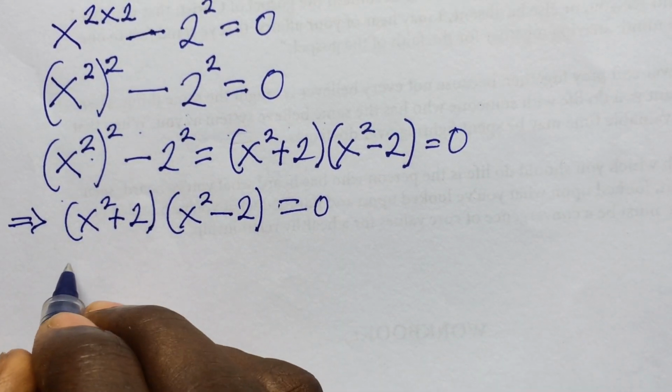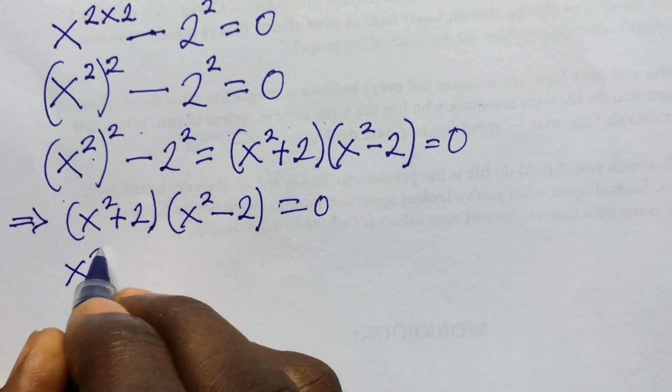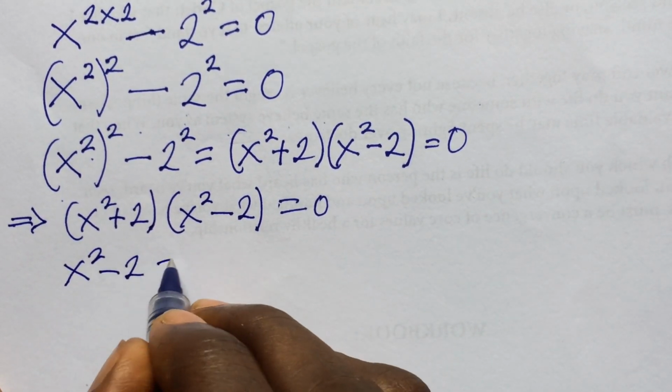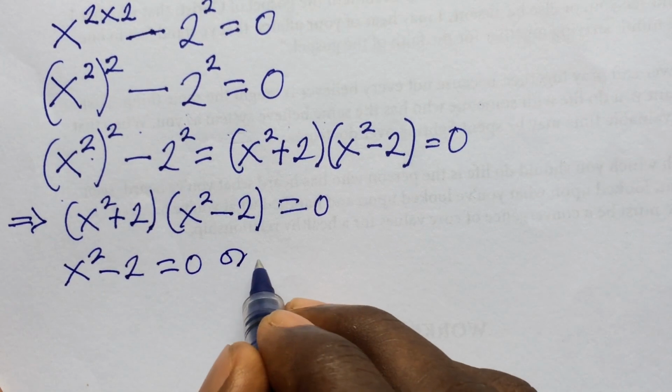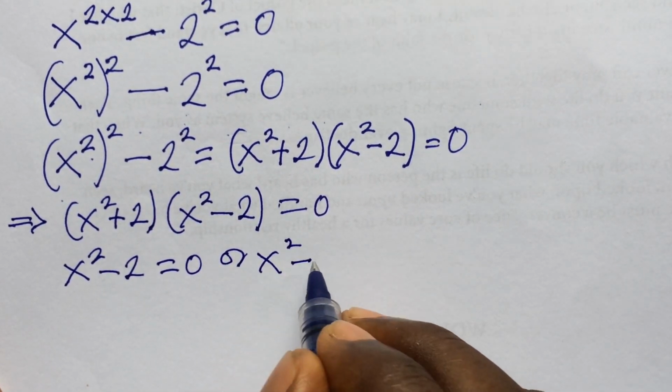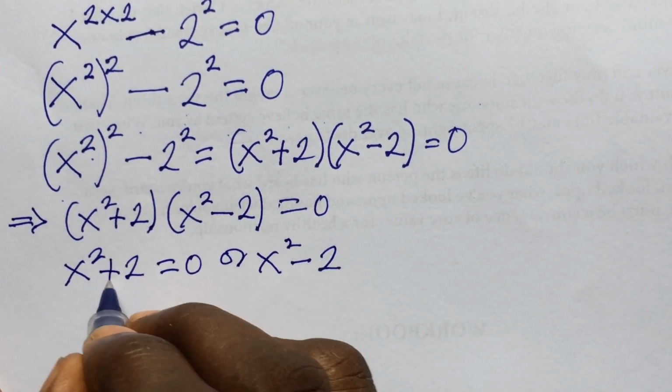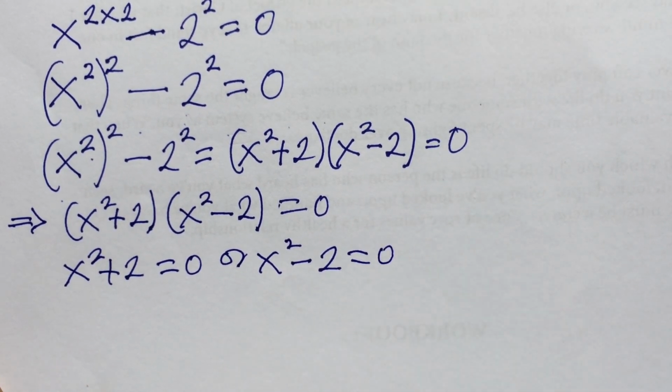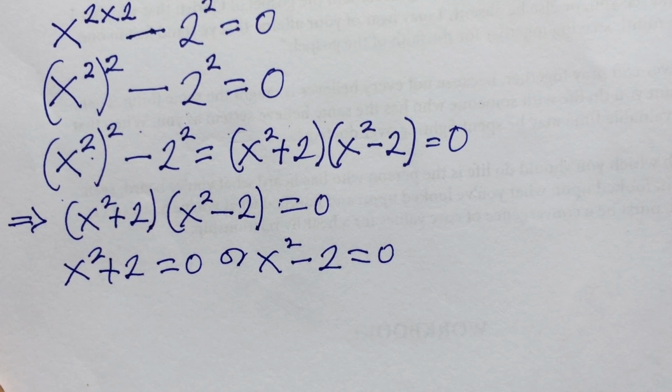So we're going to have x to the power of 2 minus 2 equal to 0, or x to the power of 2 plus 2 equal to 0. Easy. Here we have two cases to solve for. The first case is this, the second case is this.